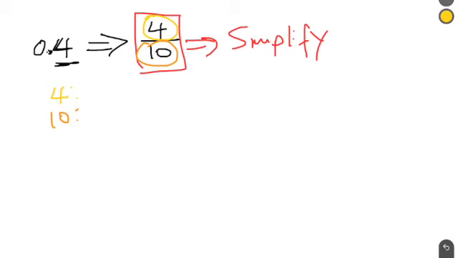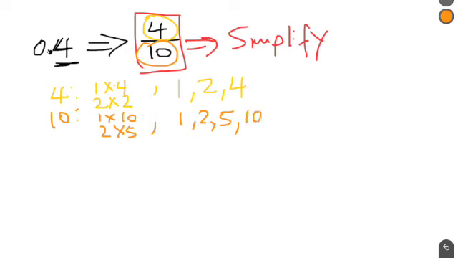Factors of 4 are 1 times 4, 2 times 2. So all the factors of 4 are 1, 2, and 4. All the factors of 10, again, are 1 times 10, 2 times 5. So all the factors of 10 are 1, 2, 5, and 10.